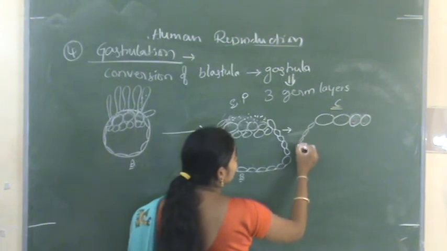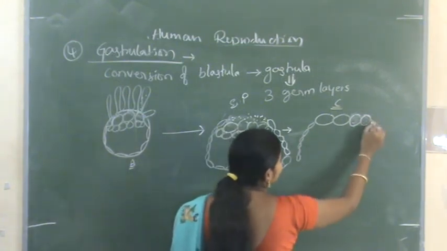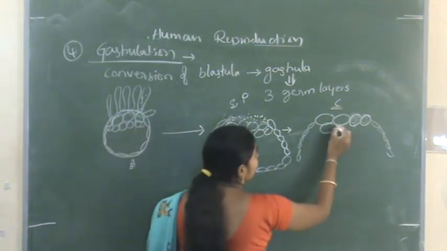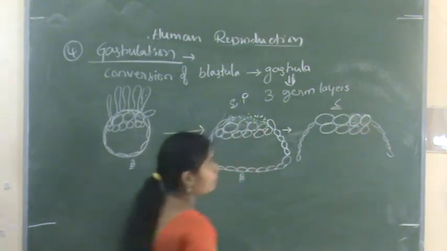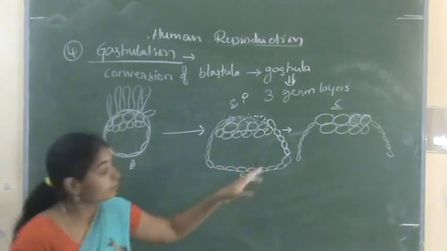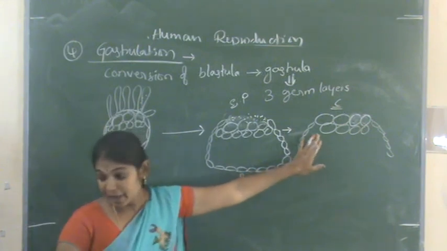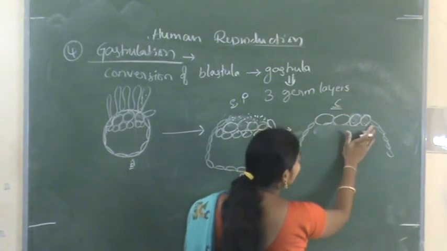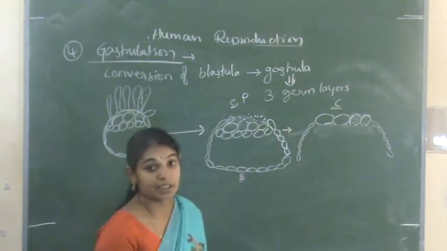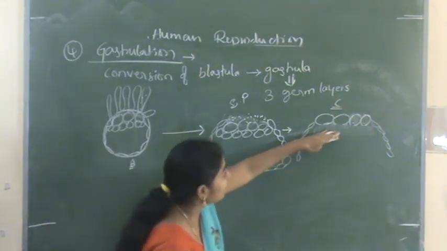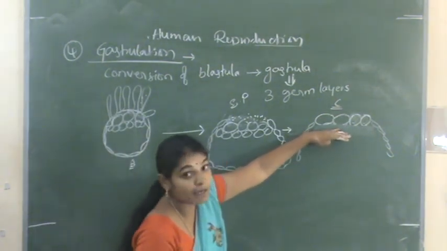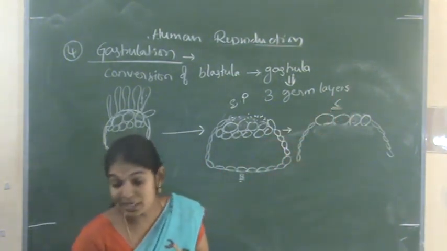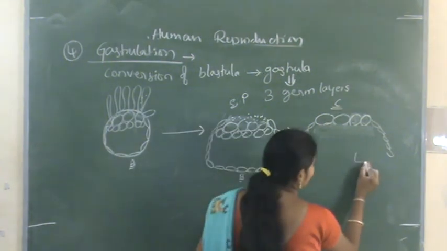So the remaining trophoblast cells are present as usual, and here this is the embryonic proper or embryonal disc. So this is the formation of the disc, a discoidal structure, where the embryo proper also moves upwards, and this process is known as delamination.